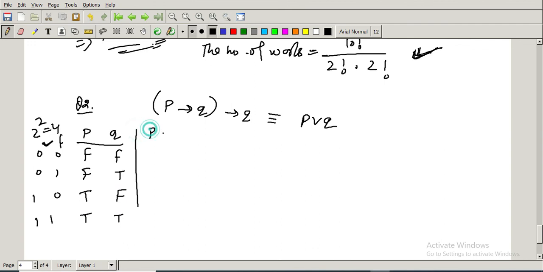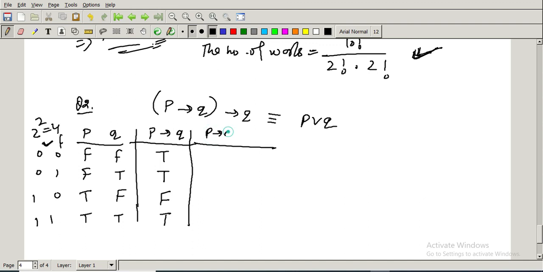Then find P implies Q. This is if P then Q. If P is false and Q is false, then the whole statement is true. False and true, the whole statement is true. True and false means the whole statement will be false. True and true is true. This is the P then Q table, and then we have the other table, where Q is false. If P is true and Q is false, then the whole statement will be false.